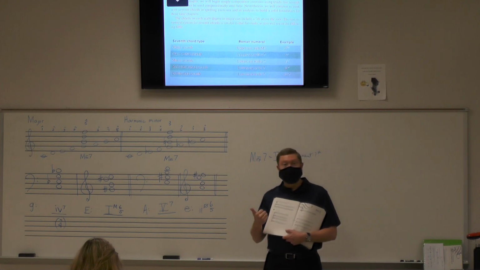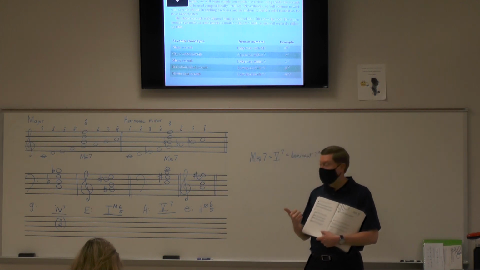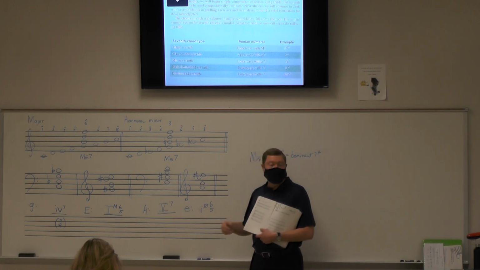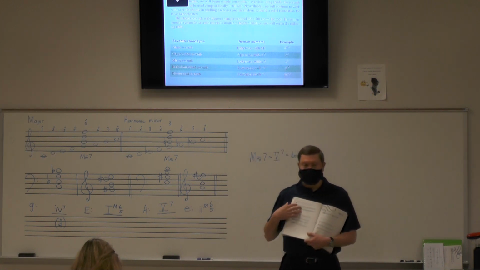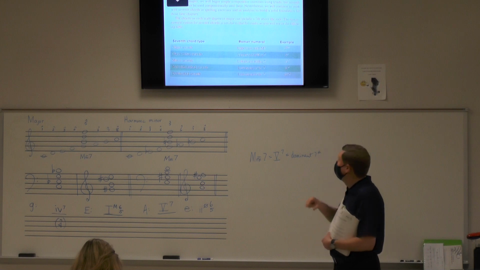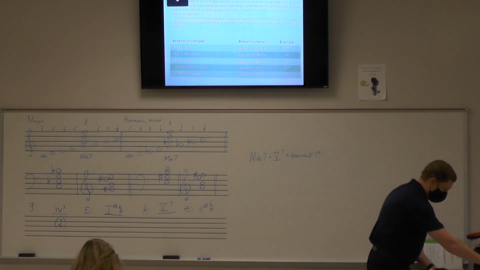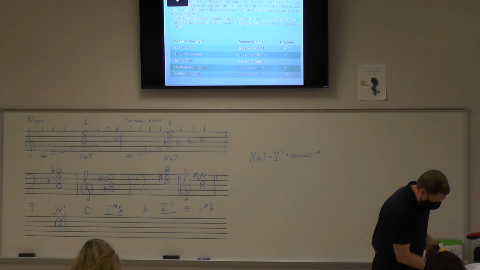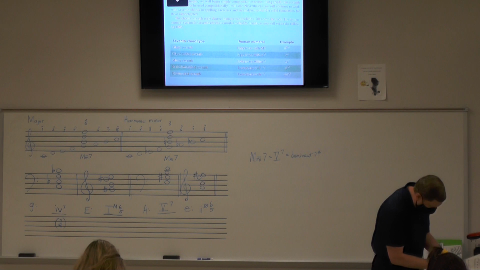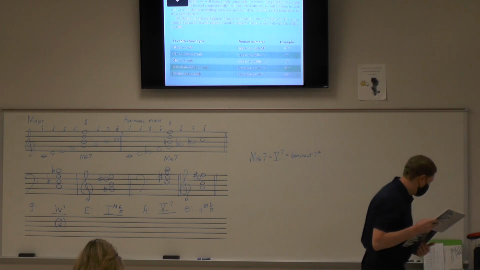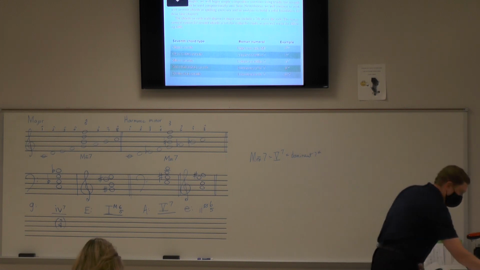Again, some of them will be triads, which we've done before. A few of them may even be 7th chords. The best way to do that is to look at page 26, what you just did for me today.